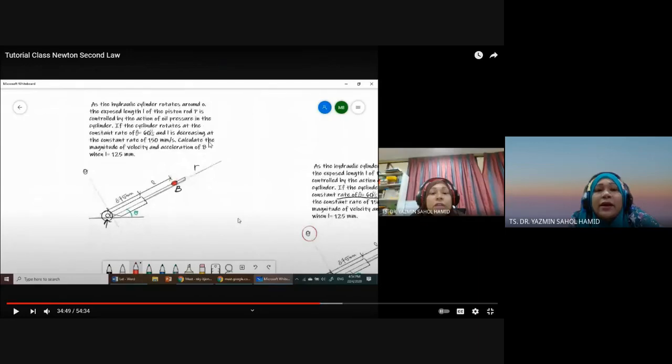A hydraulic cylinder. Let me just read the question for you. As the hydraulic cylinder rotates around point O, the exposed length L of the piston rod P is controlled by the action of the oil pressure.